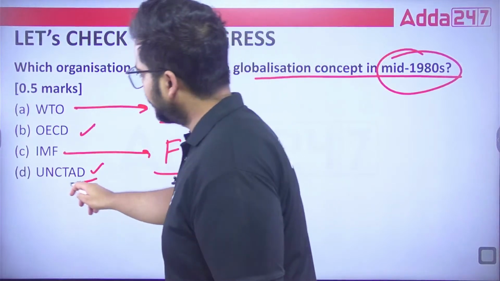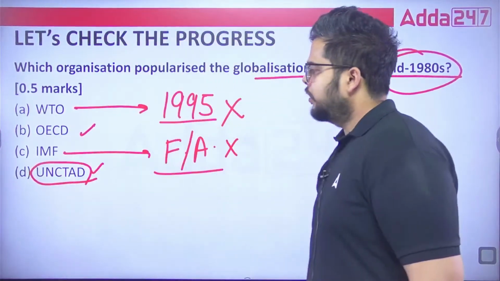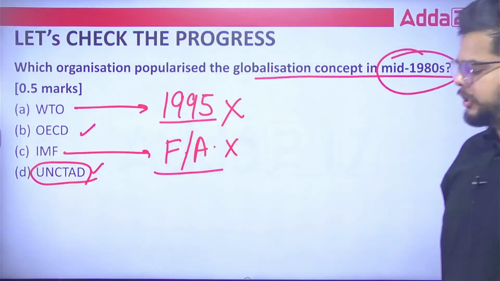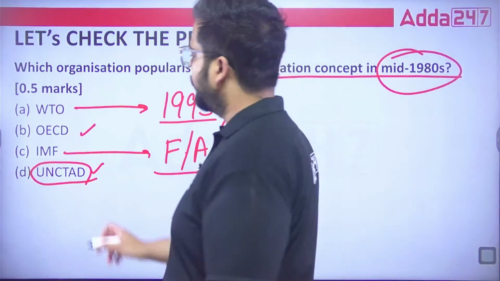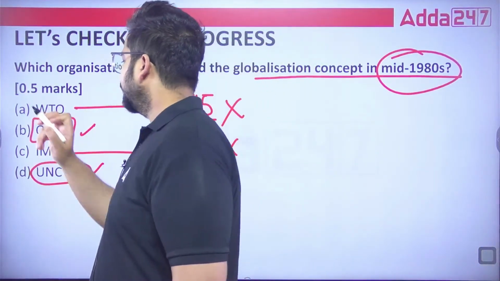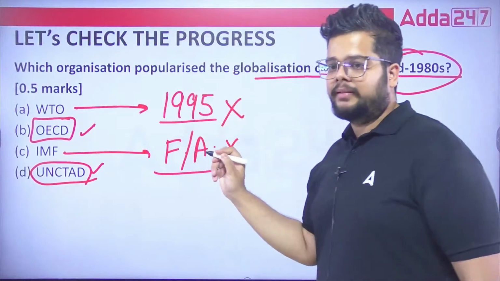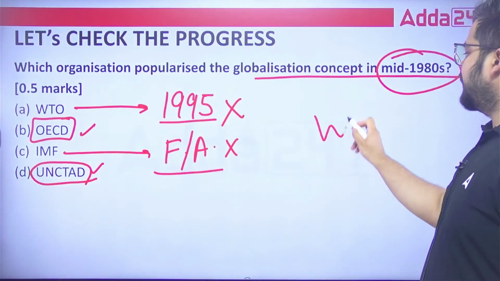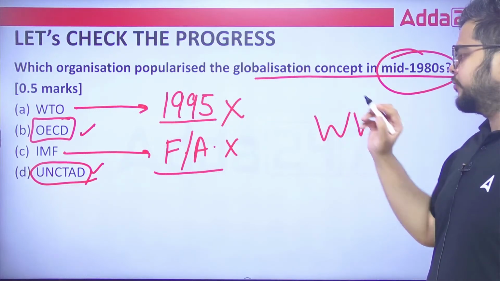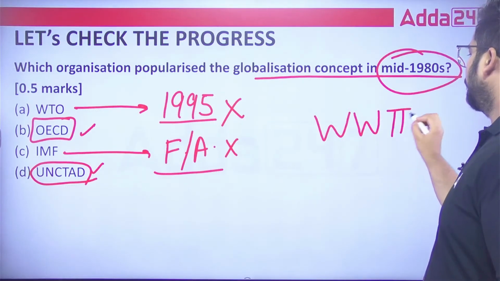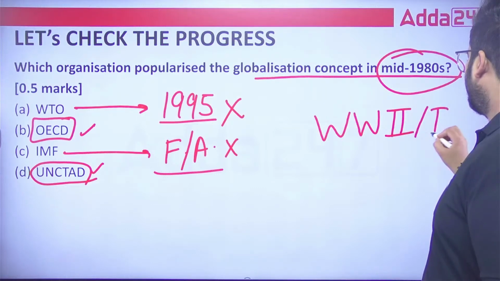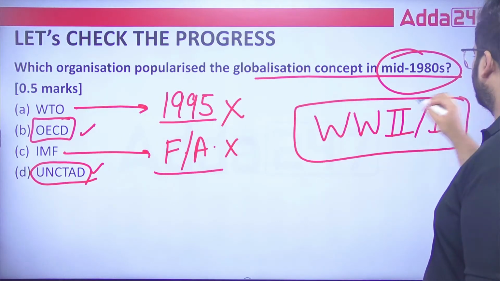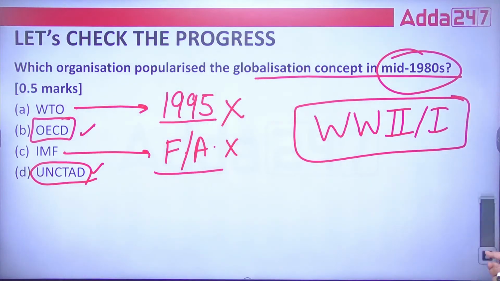Although trade activities are being discussed on this particular platform of the United Nations, OECD is the one which popularized the concept of globalization after there was a dent in this concept thanks to World War II, World War I and other regional disputes. Okay, so the correct answer will be option B.